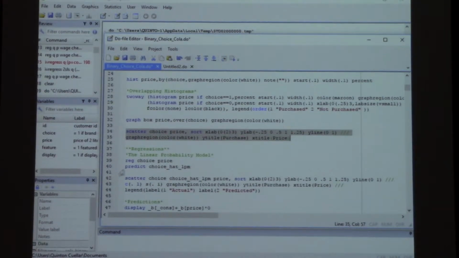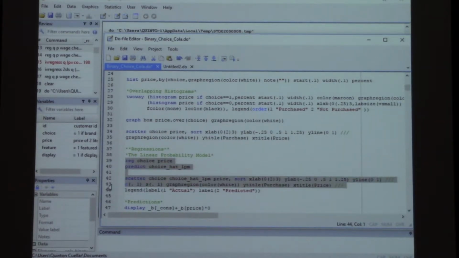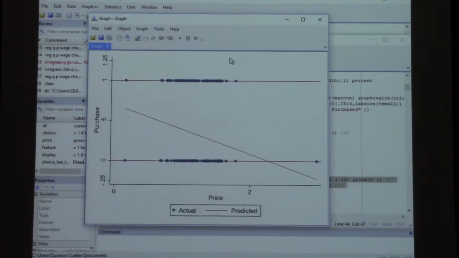How much I hate that. So this is our regular reg command. We're going to predict. And we get a straight line in there. We're not going to get probabilities over 1, but we're going to get probabilities less than 0. Again, completely nonsensical.